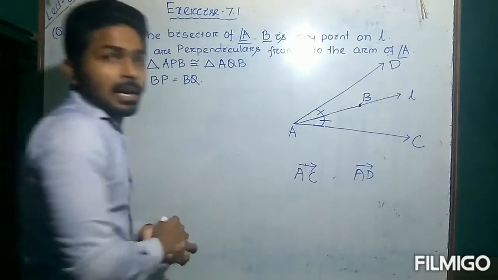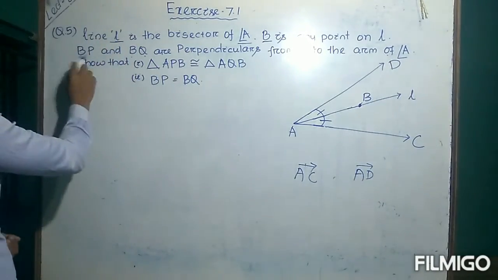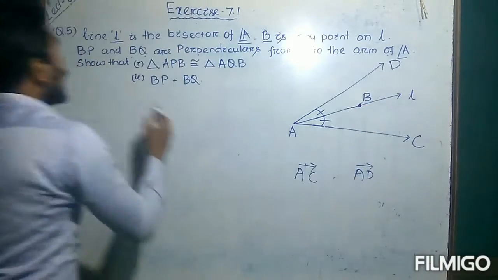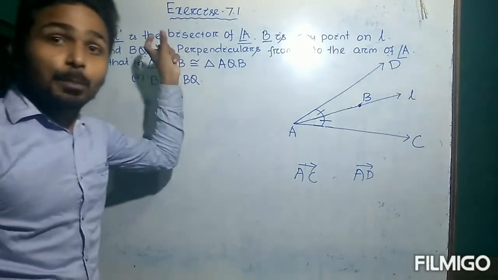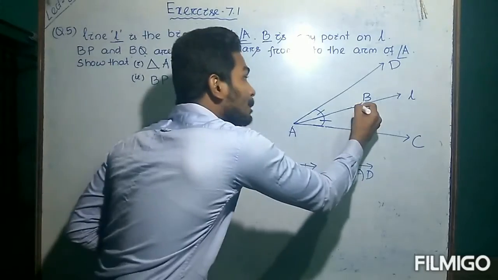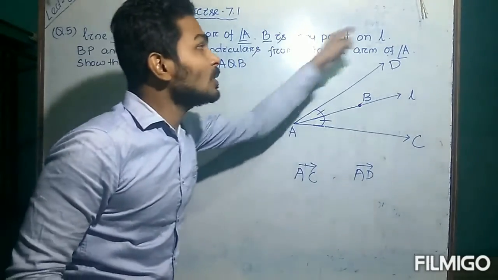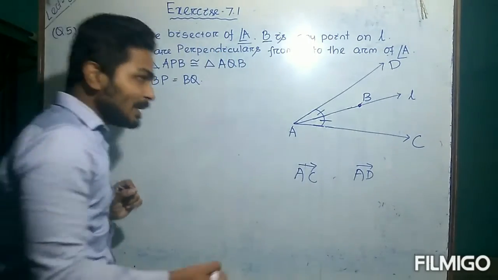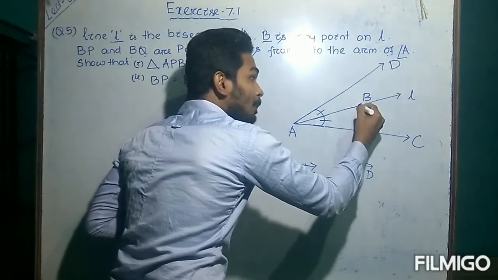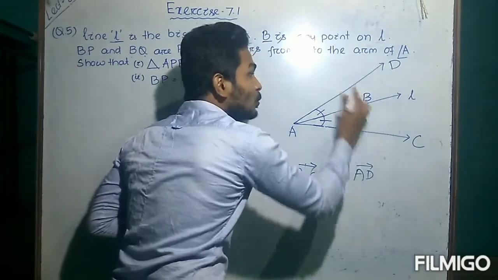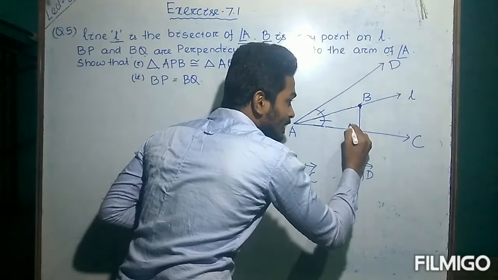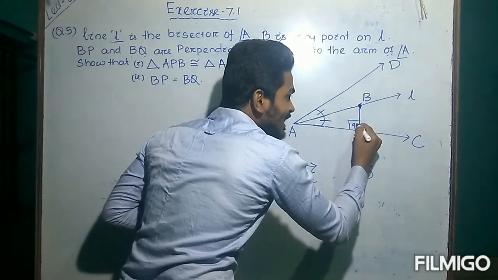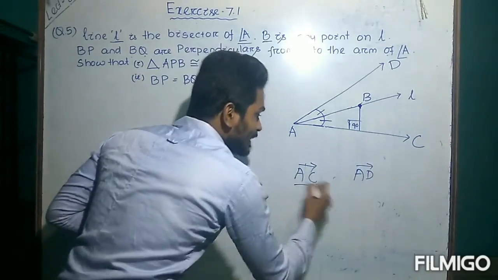This is clear now. It is given that BP and BQ are perpendiculars. These are the perpendicular lines from B to the arms of A. It means you have to draw a perpendicular line from B to the 2 arms. Suppose this is the arm AC, then you have to draw a perpendicular, meaning 90 degrees, on this arm AC.